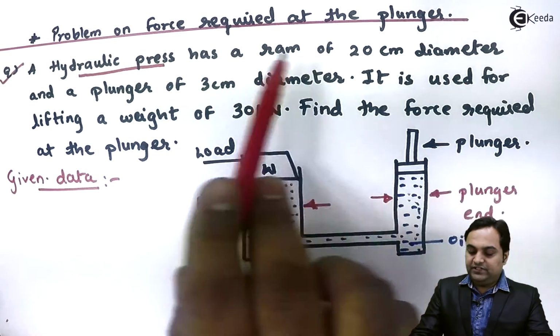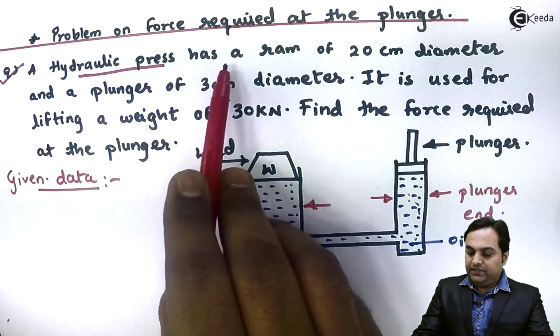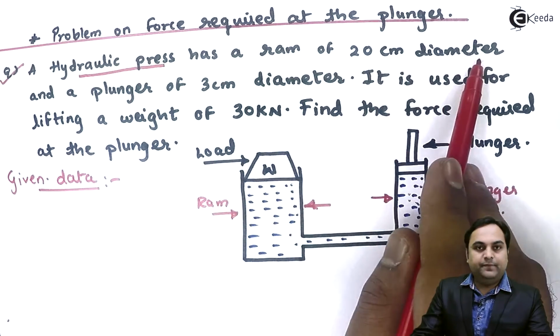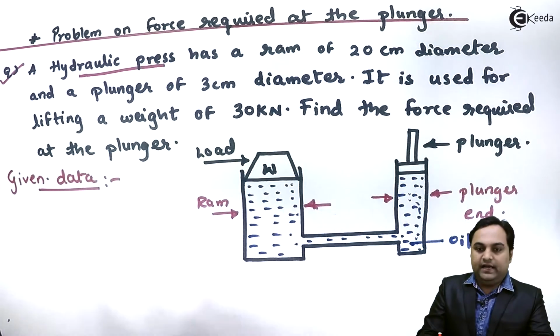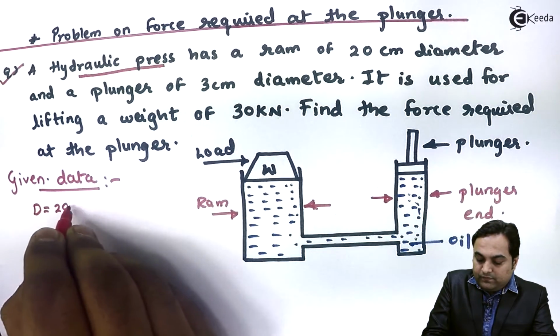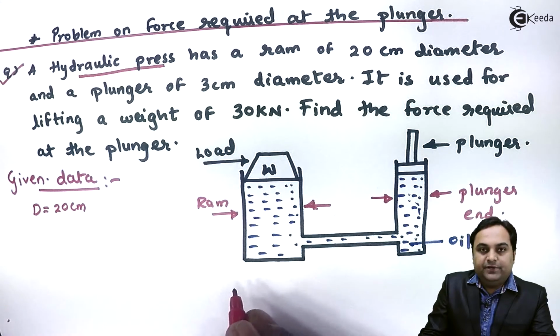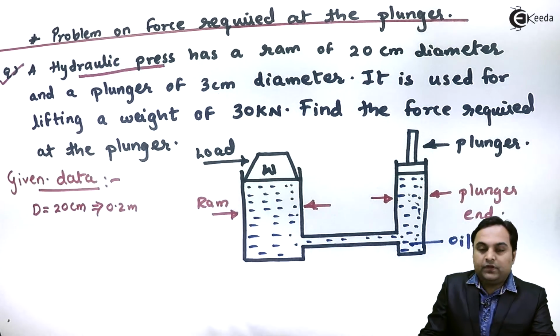Now whatever is given in this problem, I will write that in the form of data. A hydraulic press has a ram of 20 cm diameter. So the diameter of the ram, since this diameter is more, I'll keep it as capital D, 20 centimeter. It means it is 0.2 meter.